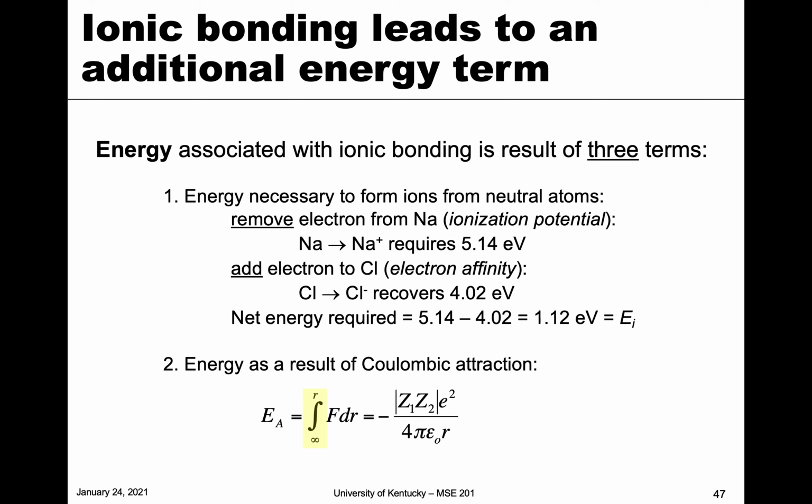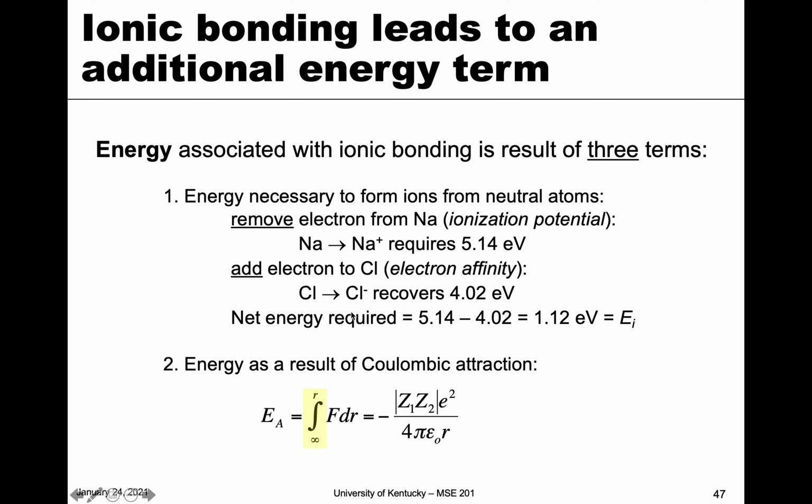So right now, we've talked about the Coulombic or attractive force and then the repulsive force. Those are the two terms we talked about in the bond energy, bond force. However, ionic bonding actually has an additional energy term, and that is the result of having to form ions from the neutral atoms. Sodium is an element. We have to remove an electron from it, and that requires energy. It actually requires 5 electron volts.